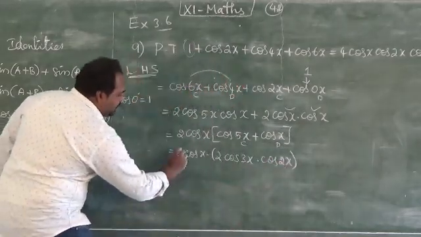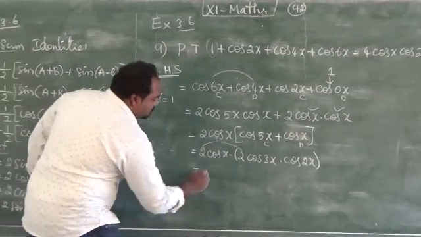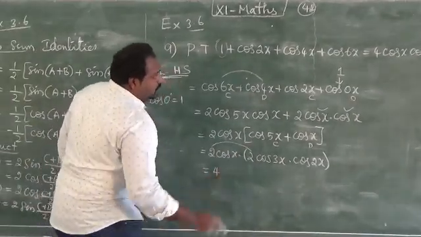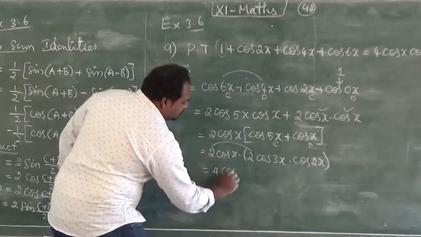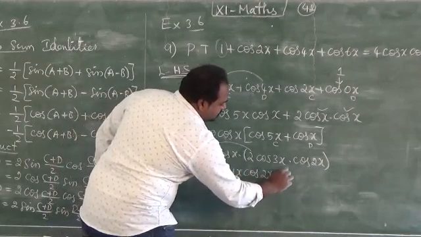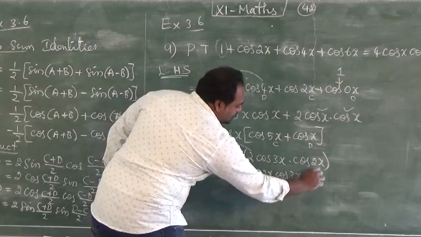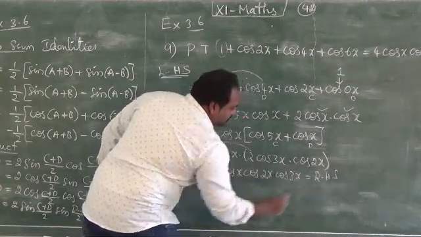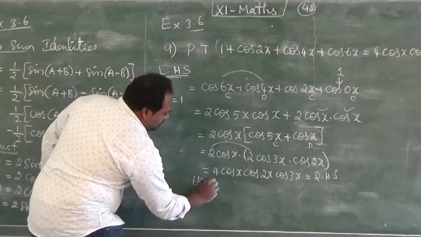If you multiply it all with 2 into 2, that is 4. According to the order we can write cos x into cos 2x into cos 3x, which is the right hand side. So by this we can conclude, hence proved.